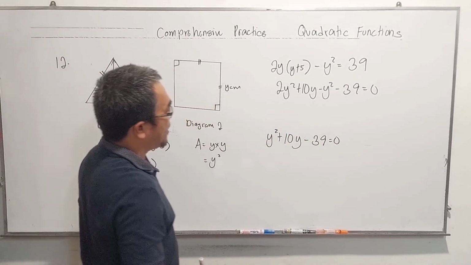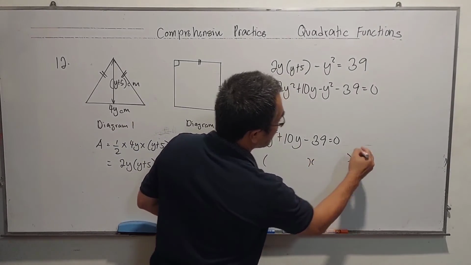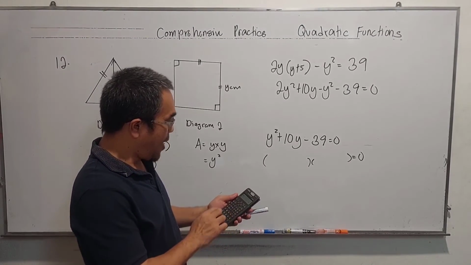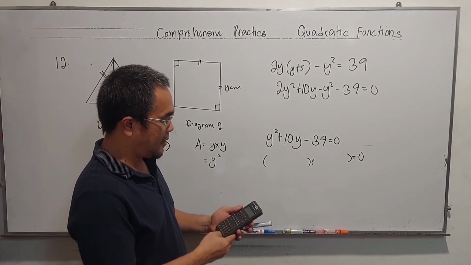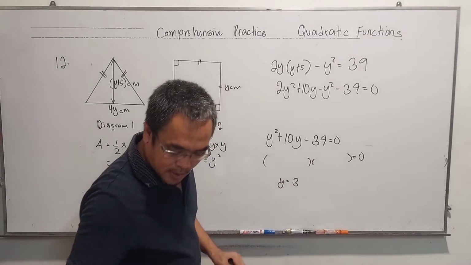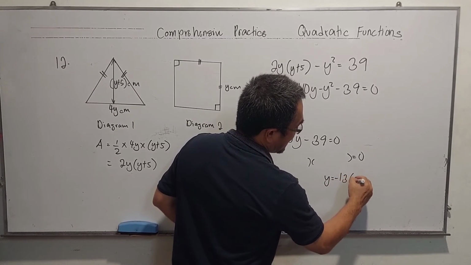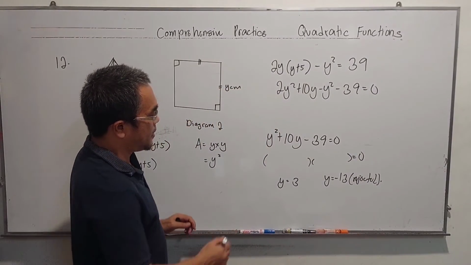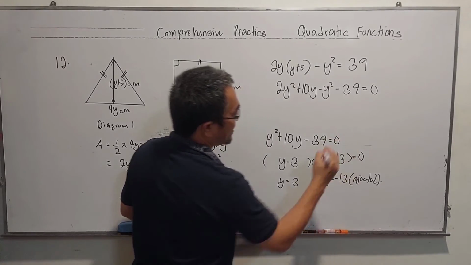Then we try to find the value of y using factorization. So a would be 1, b is 10, c is negative 39. So the first value of y is 3, the other one is negative 13. Again, this is rejected. And so it should be y minus 3 and y plus 13.